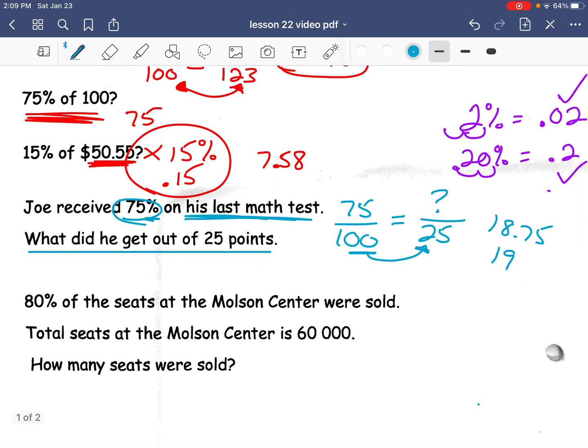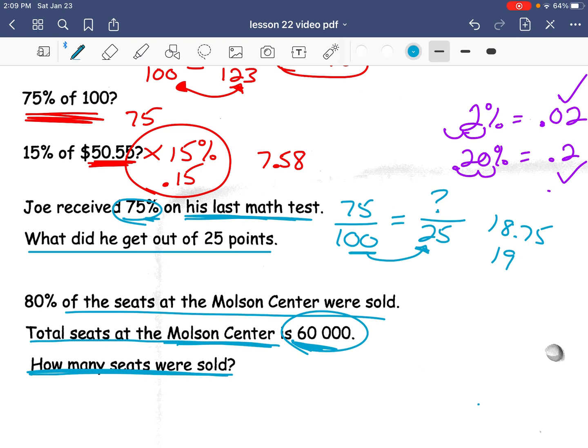Same thing for here. It is saying 80% of the seats of the Molson Centre were sold. The total seats is 60,000. I don't think that's accurate. I think that's more than Olympic Stadium, which has 60,000 seats. How many seats were sold? So I want to know what 80% of the actual seats is, so I can just multiply that up.